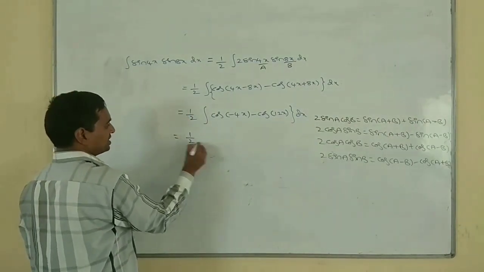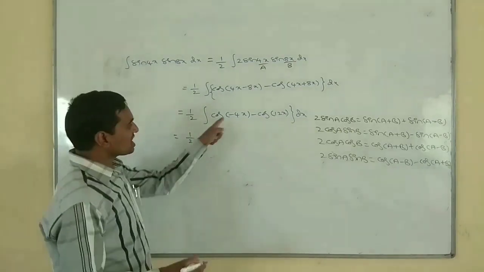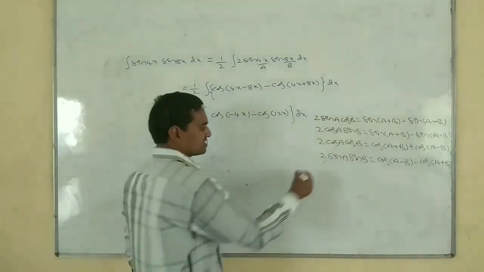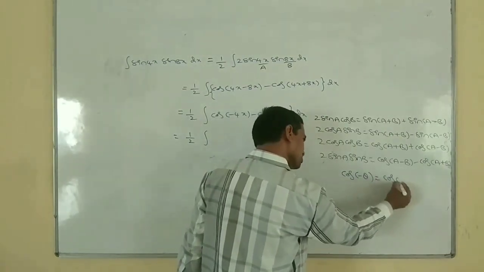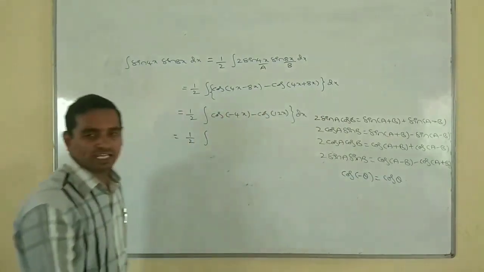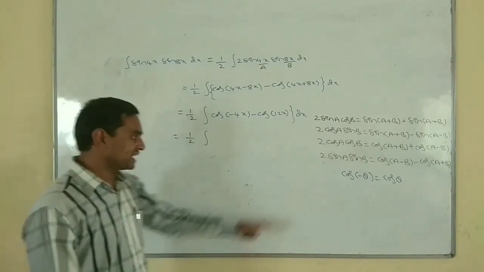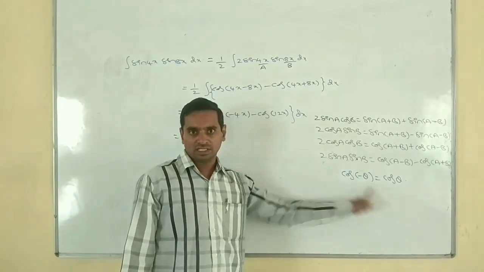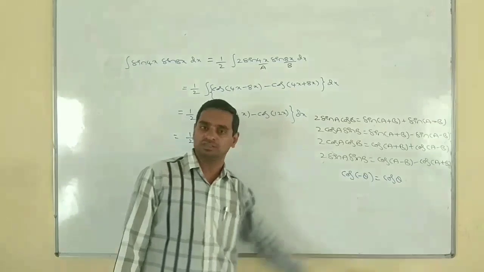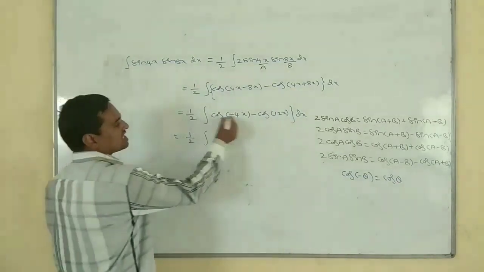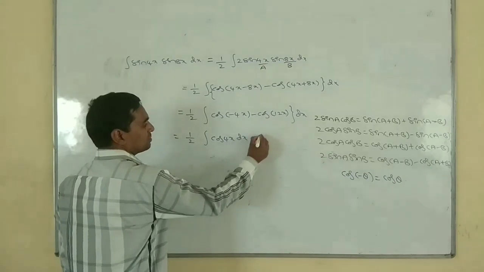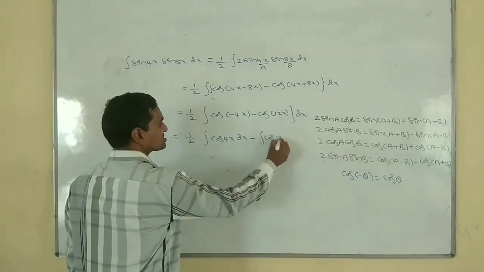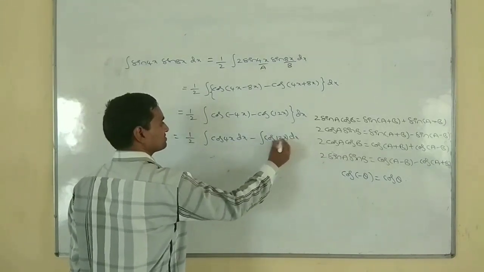1 by 2 times the integration of cos of minus theta. What is the formula for cos of minus theta? It is cos theta only. Sin of minus theta is minus sin theta. Except for cos and secant, the others are negative. So cos of minus 4x is cos 4x dx, minus integration of cos 12x dx.